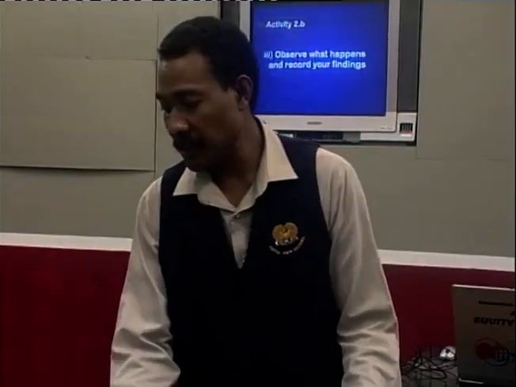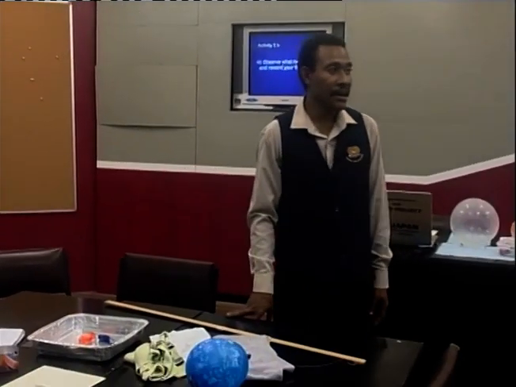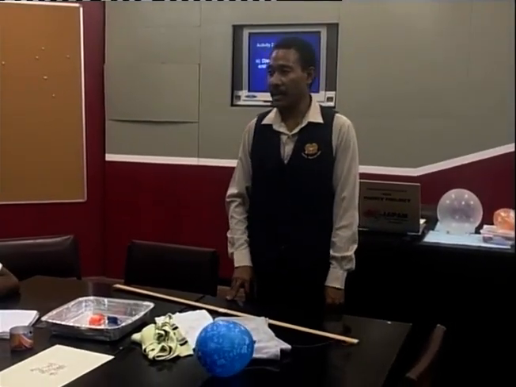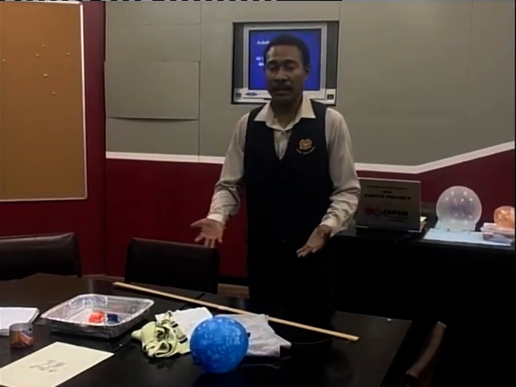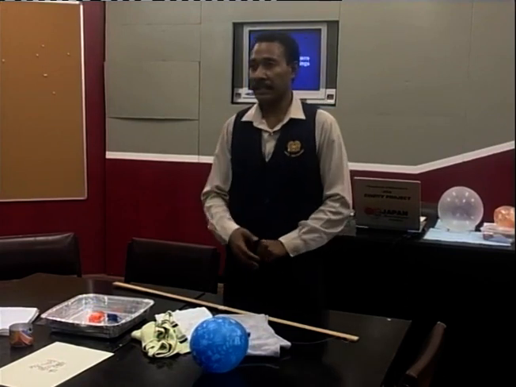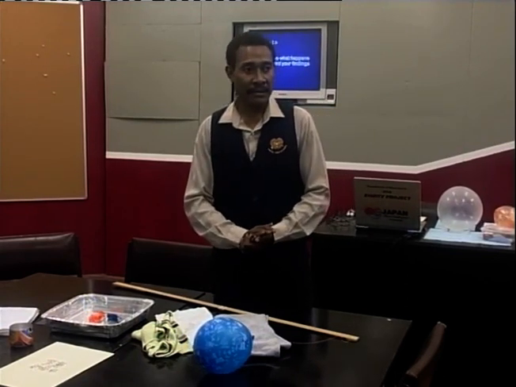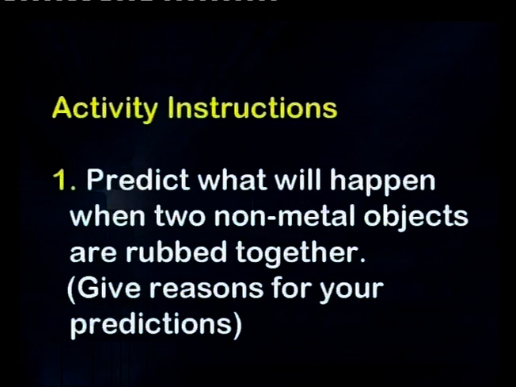All the materials that we have in front of us, except for the tin, are non-metals. So we will have to rub the non-metals together. What will happen? You predict if you rub them together, what's going to happen. Predict what will happen when 2 non-metal objects are rubbed together and explain your reasons.